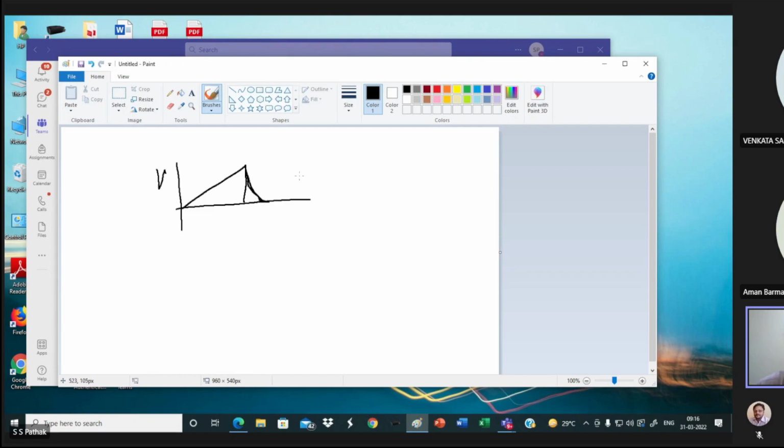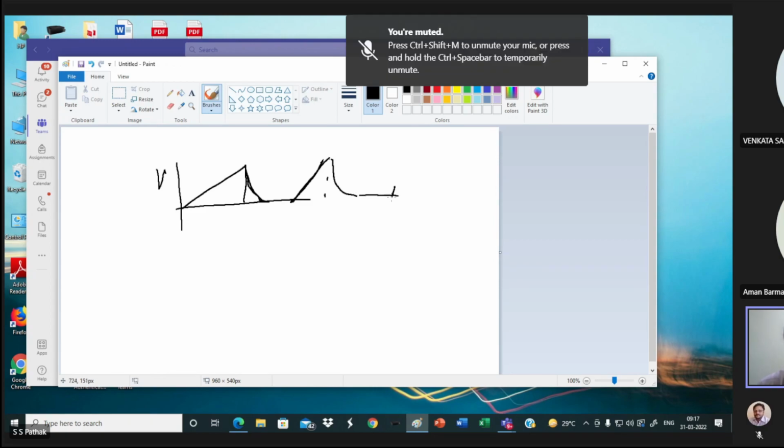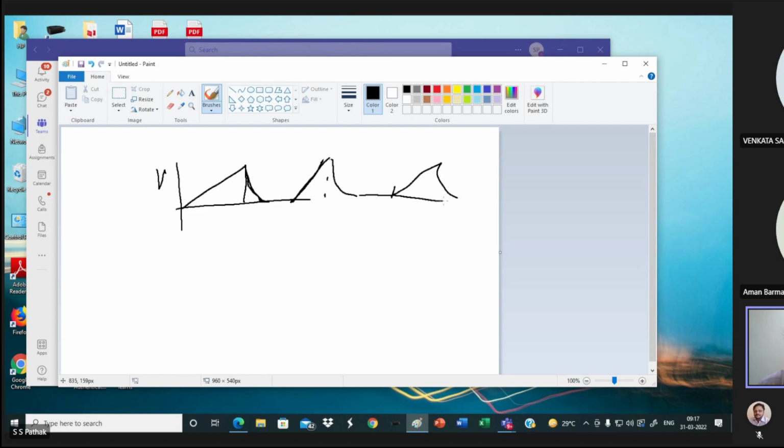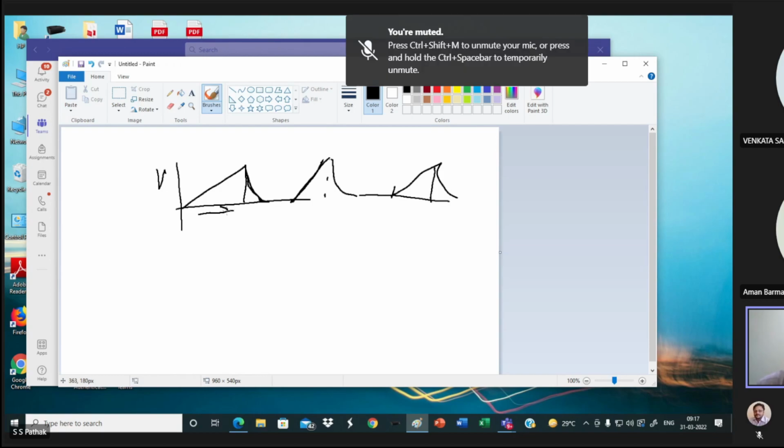Then from this point, it starts increasing. It is the same circuit. Not coming to 0, coming something like that. And it starts from this. So this we call the sweep time.